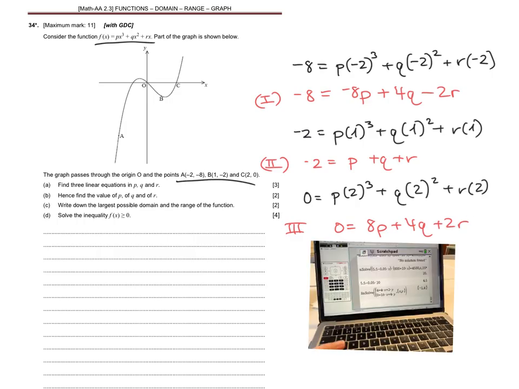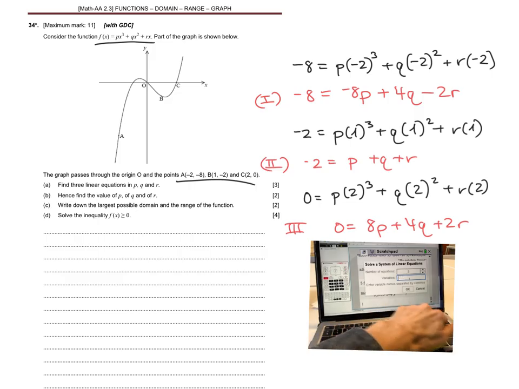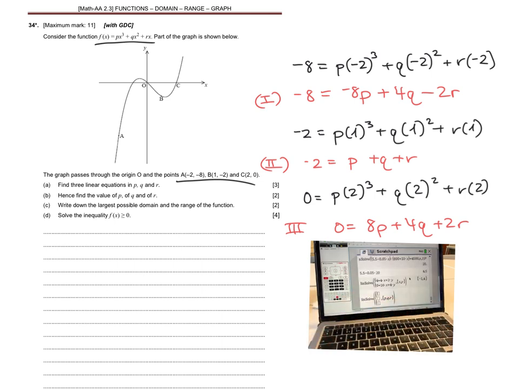Okay, so then if we want to solve this, we need to go to algebra, polynomial tools, nope, not polynomial tools, solve system of linear equations. We've got 3 of them, and I'm going to change this to P, Q, R with commas. Okay? Enter, and now we just put these red ones in.